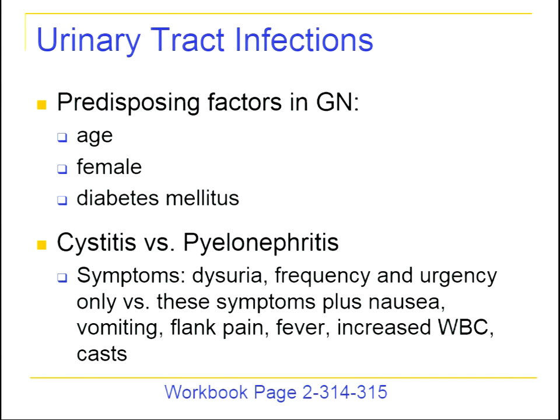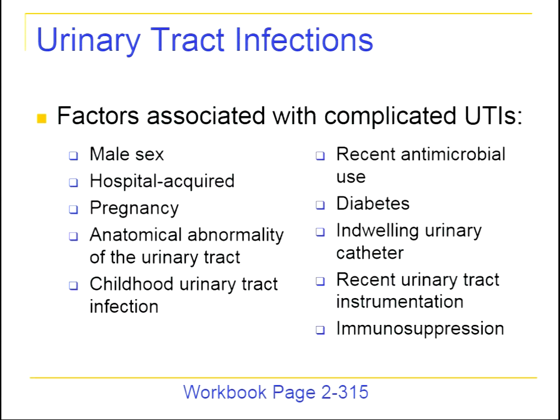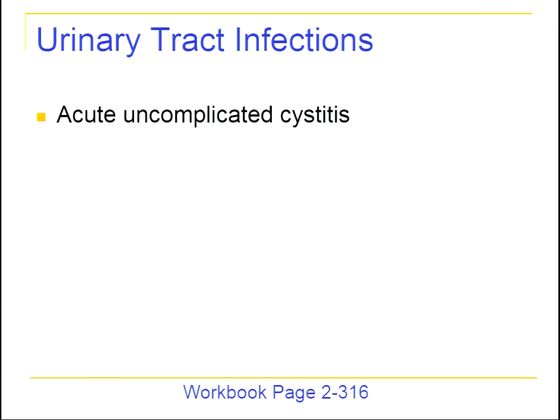So we've gone through those two decision trees, and now we can diagnose her with a urinary tract infection, but specifically with a complicated pyelonephritis. And that's going to help us decide therapy as well as length of therapy. So here's the factors associated with complicated UTIs. Any male with a UTI is complicated, and then anybody with anatomical issues, diabetes, recent antimicrobial use, etc., would push you into the category of complicated UTIs.